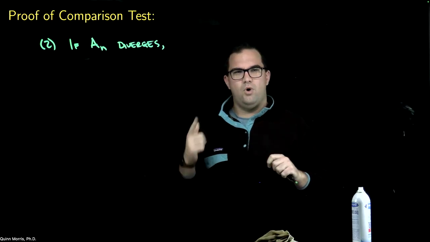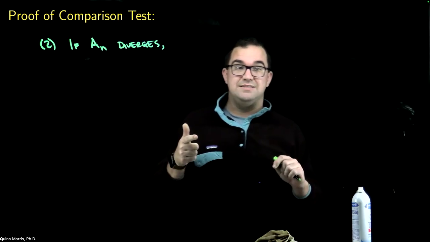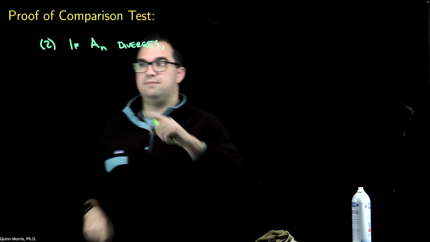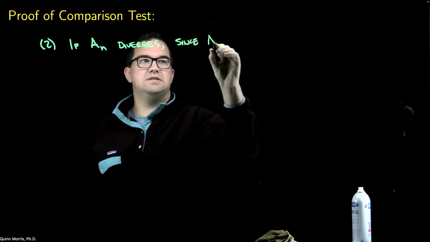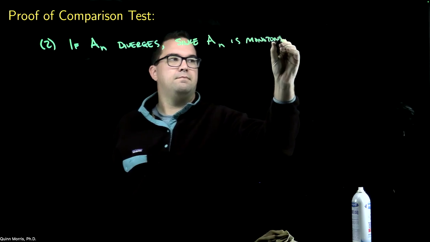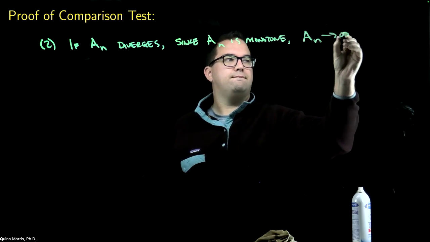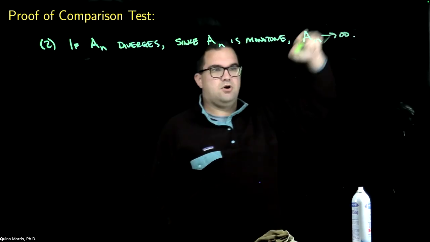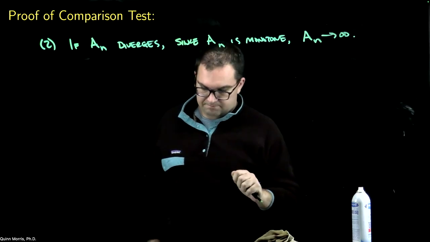Well, there's really only one way that a monotone increasing sequence can diverge, and that's just to run off to infinity. So if AN diverges, since AN is monotone, it must be unbounded. And in this case, it's increasing, so we know it's unbounded above. It's running off to infinity.